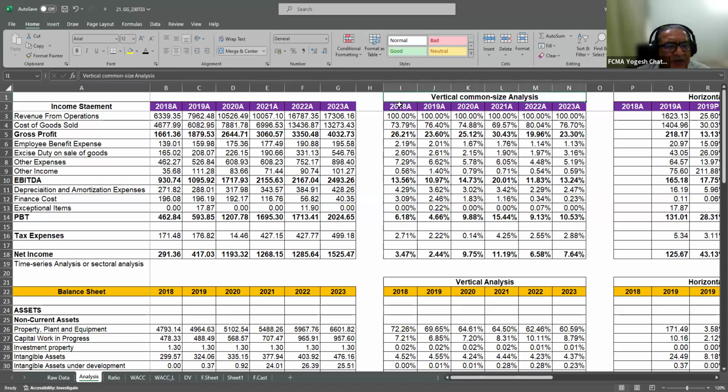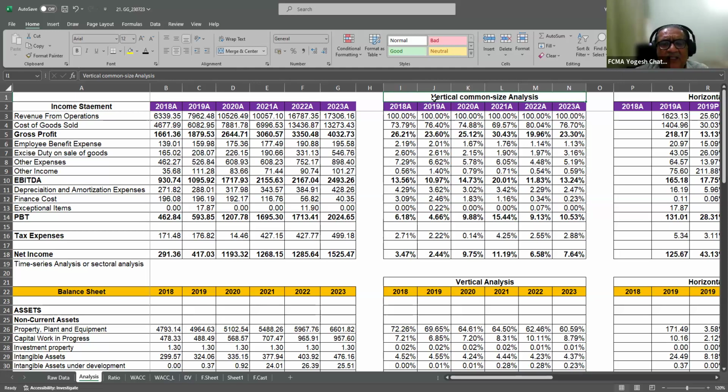In India, we do not have that practice, but vertical common size analysis will give valuable insight into the financial statement of a company for making the projection, for making the comparison, for time series analysis, sectoral analysis, peer company analysis, whatever name you may call that.